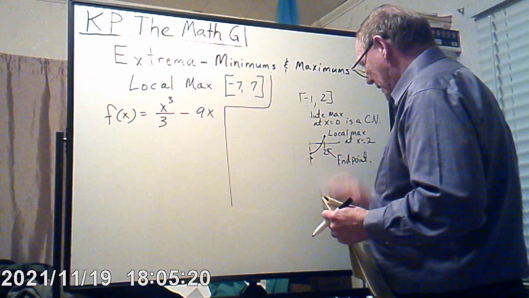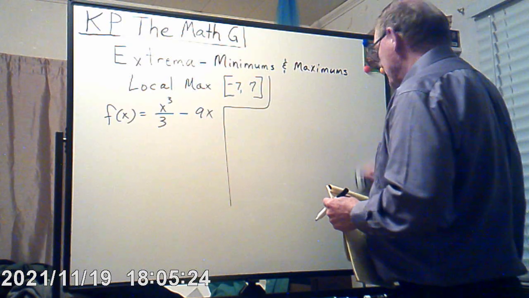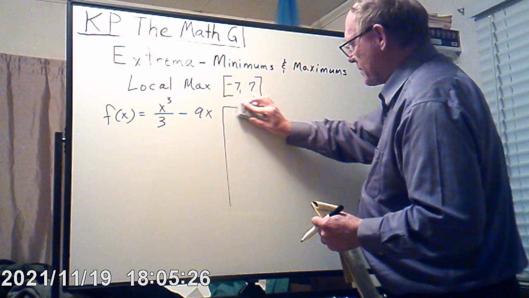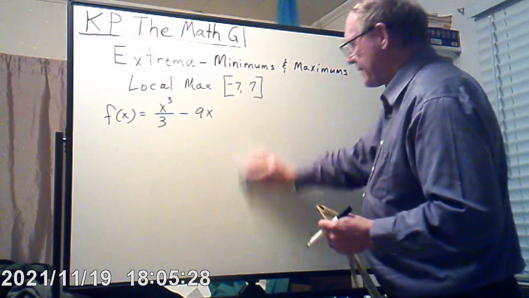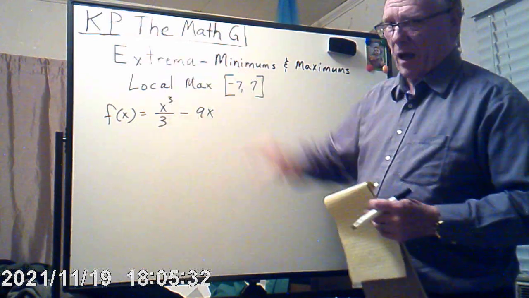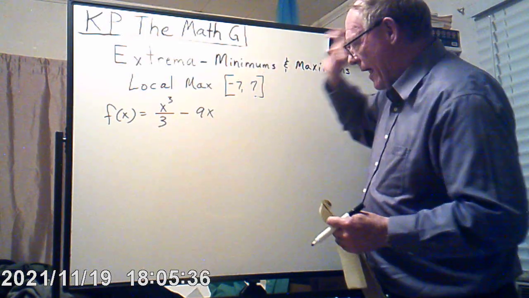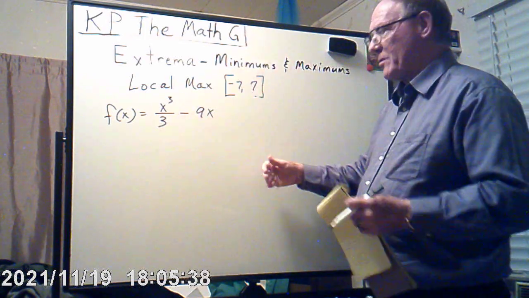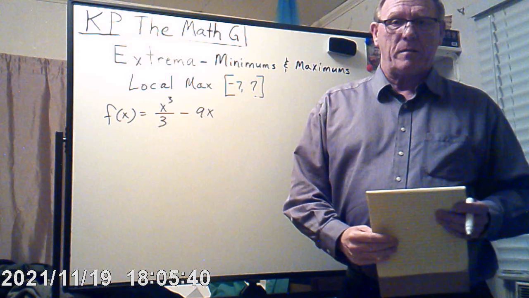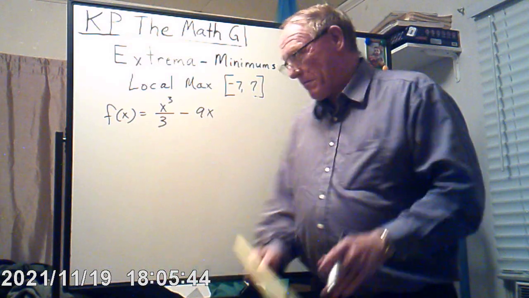Now, let's take a look at this problem right here. Alright, so I'm going to erase all of this. And that's the idea behind Extrema. You have to check the endpoints and the critical numbers. Well, where did critical numbers come from? You remember all those derivatives we've been doing?